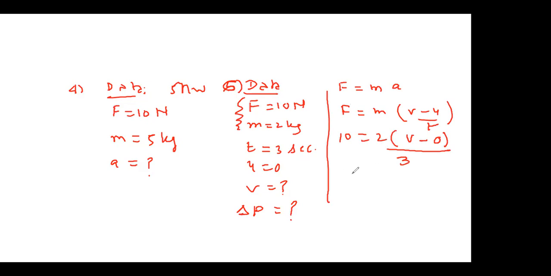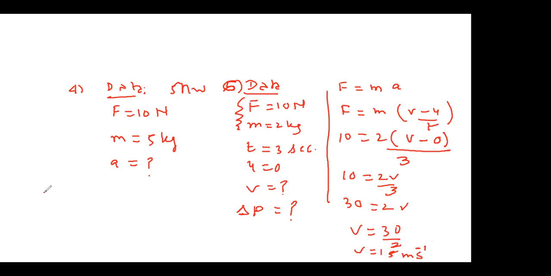So 10 equals 2v upon 3. 30 equals 2v. v equals 30 upon 2. So v is 15 meter per second.